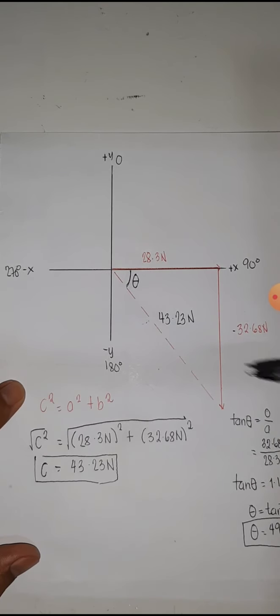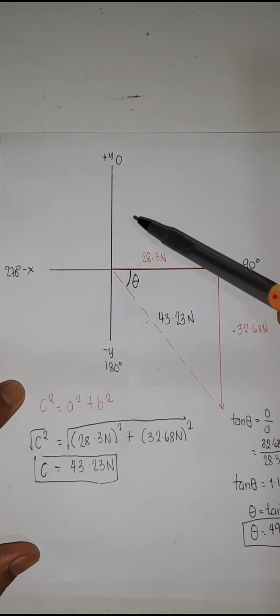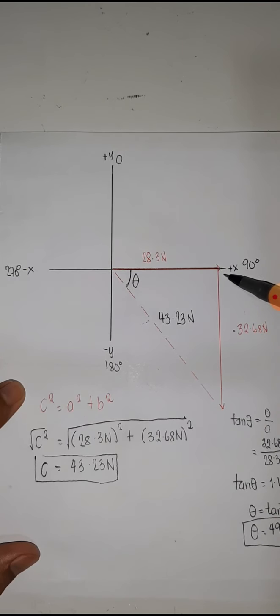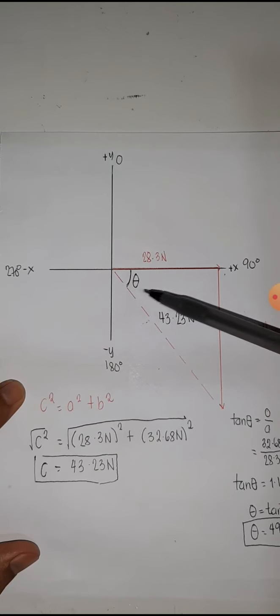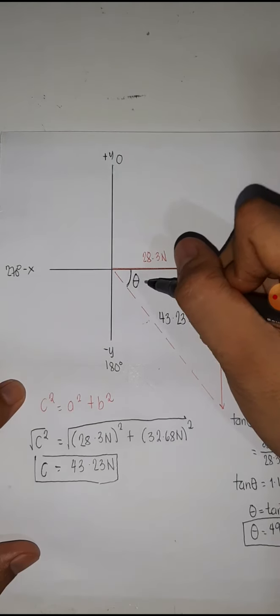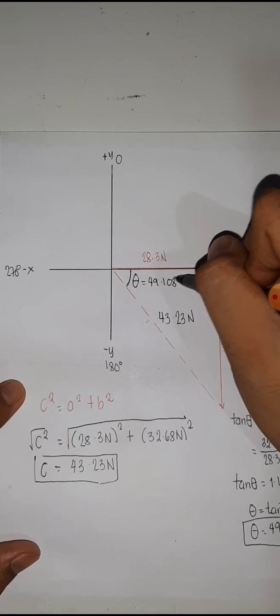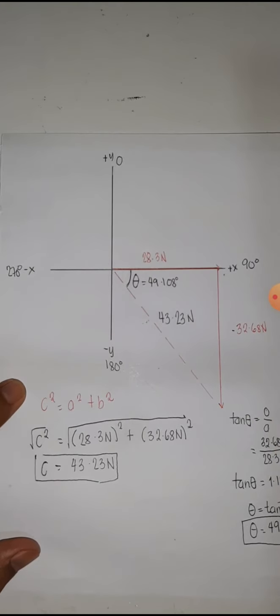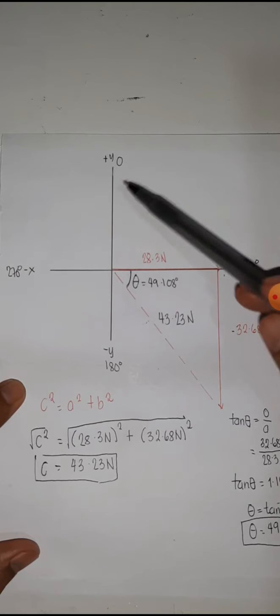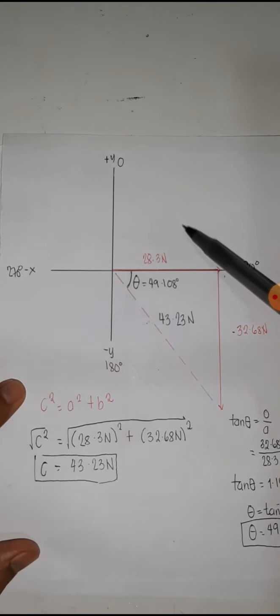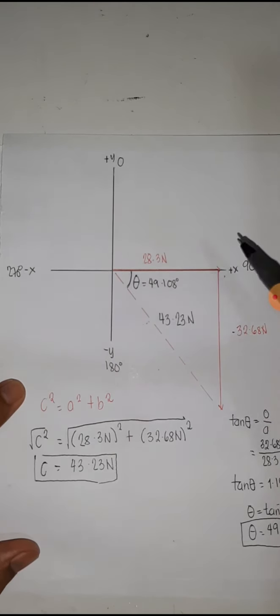From this point, your resultant is in the second quadrant already. So it passed the 90-degree mark. This angle is equivalent to 49.108 degrees. For us to be consistent in describing the angle, we're going to consider this one, 0 to 90, and then 49.1.